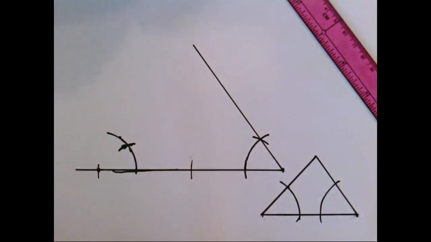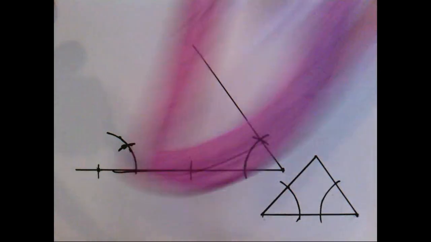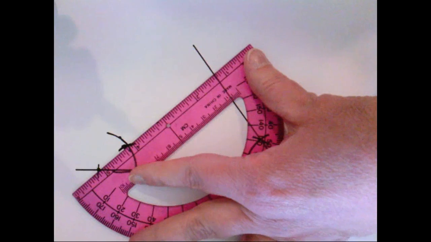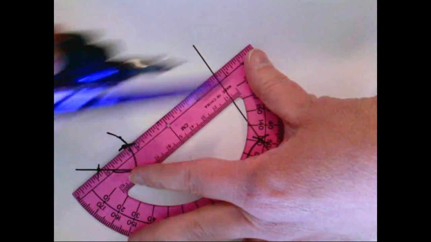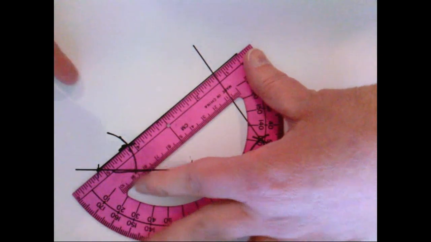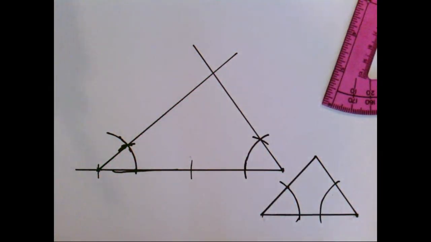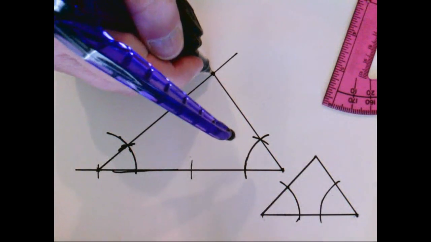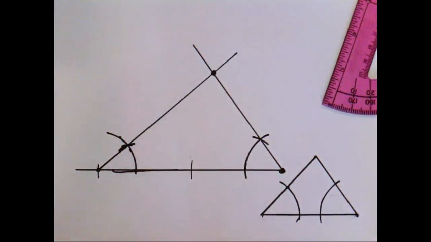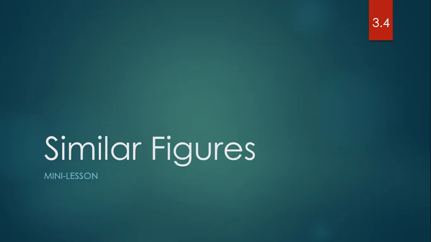All right, and where those intersect, if I connect that up with this endpoint and extend it, then where these 2 intersect is the 3rd vertex of my similar triangle. As usual, we'll get a chance to practice this in class.